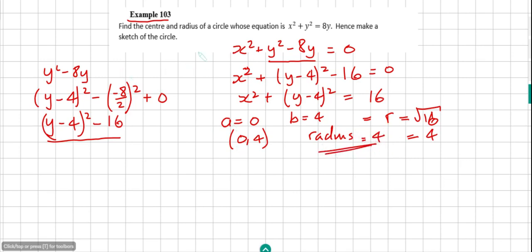So finally, we're asked to sketch the circle. I'm just going to quickly draw a set of axes down here. I'm just going to label the y-axis here, going up in steps of 2. And I'll do the same for the x-axis.